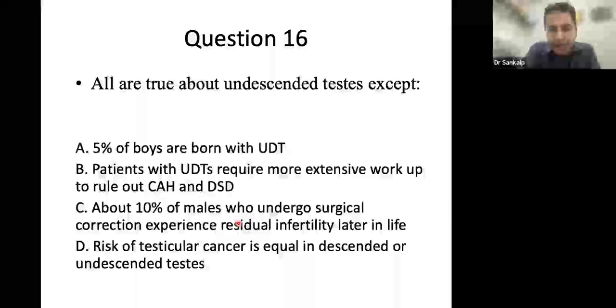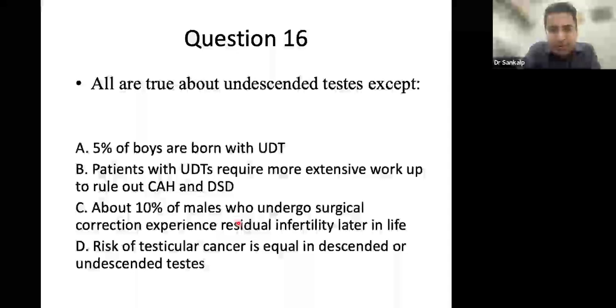You should look at the penis properly. If there is micropenis or hypospadias, then you should be even more extensive about your workup for CAH and DSD, right? So all babies with undescended testes, especially bilateral, should require workup for CAH and DSD. So option B is also true.